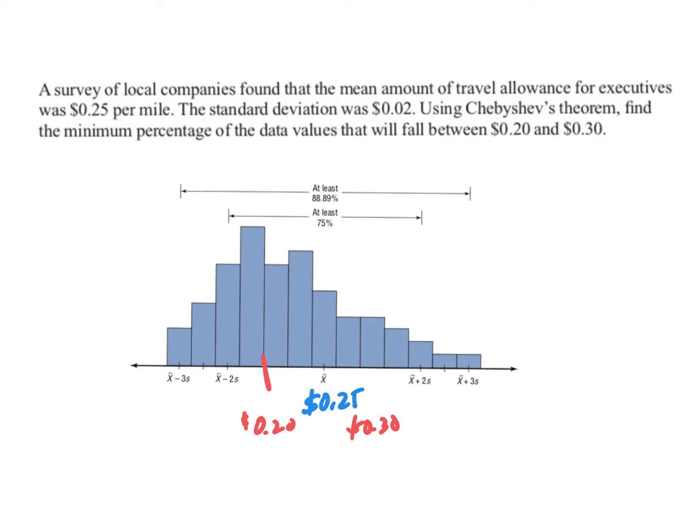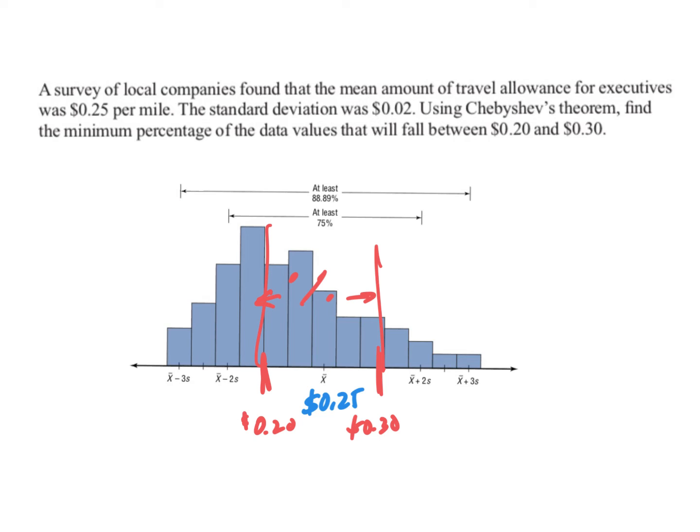And what we're trying to figure out is what percent of the data is going to fall between 20 cents and 30 cents, knowing that the mean is 25 cents. In order to do this, we have to know how many standard deviations above and below 25 cents 30 cents and 20 cents are.